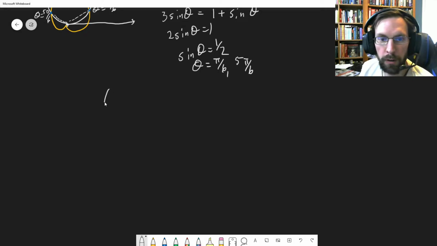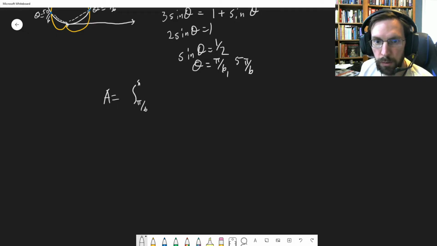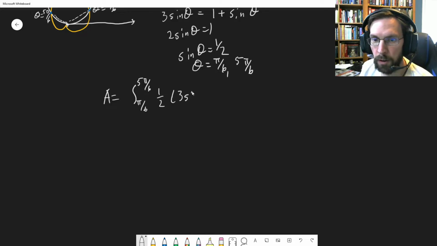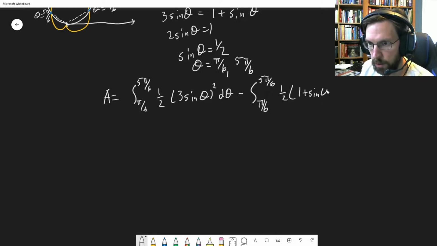Okay, so our area is then the integral from pi over 6 to 5 pi over 6 of 1/2 times our outer curve, 3 sine theta squared d theta, and we're going to subtract off the inner area. So the integral from pi over 6 to 5 pi over 6 of 1/2 times 1 plus sine theta squared d theta.